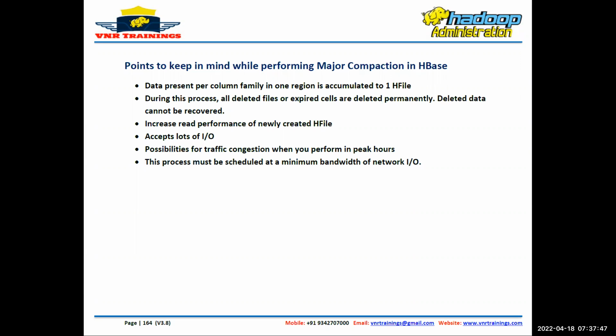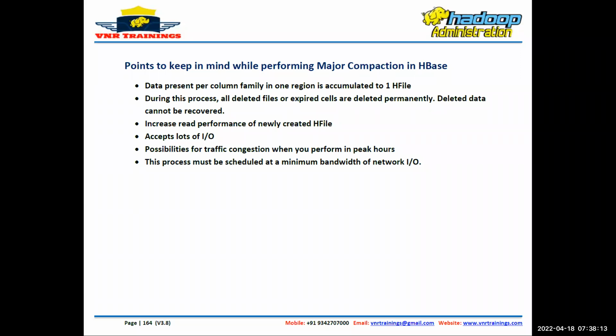instead of running it in peak hours. So this process must be scheduled at a minimum bandwidth of network. If you are scheduling, or if you're doing major compaction manually, you should not use much network bandwidth.